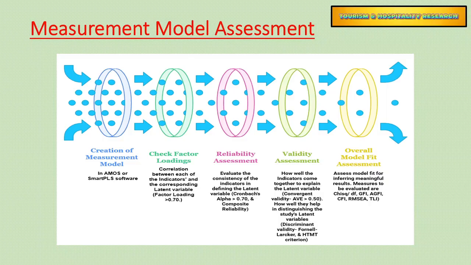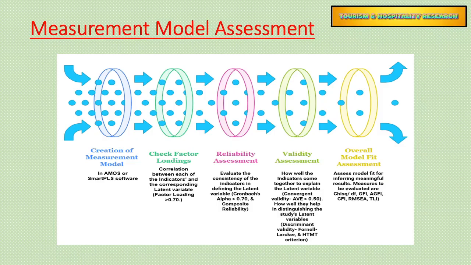If we talk about how well they help in distinguishing the study's latent variables, then we are talking about discriminant validity, which is measured through two main criteria. One is Fornell and Larcker, which is the older criterion of measuring discriminant validity, and the new one is the HTMT criterion, heterotrait-monotrait ratio criterion.